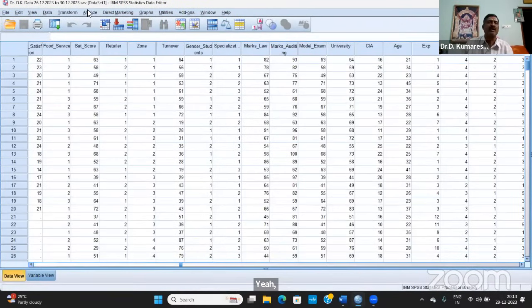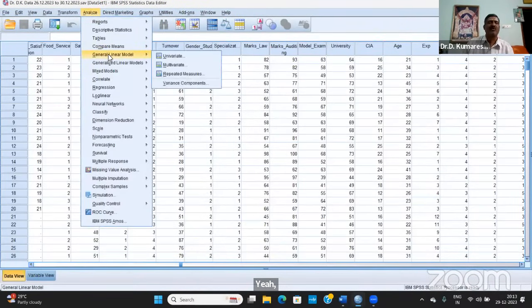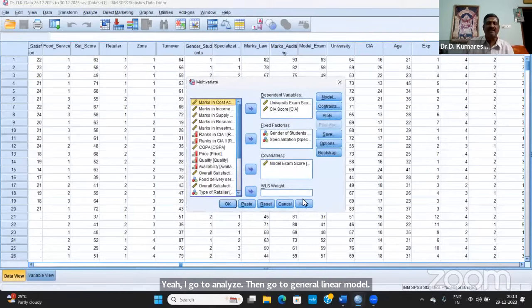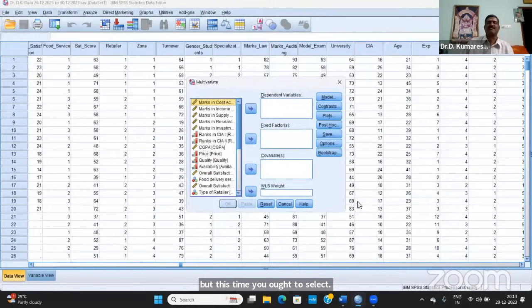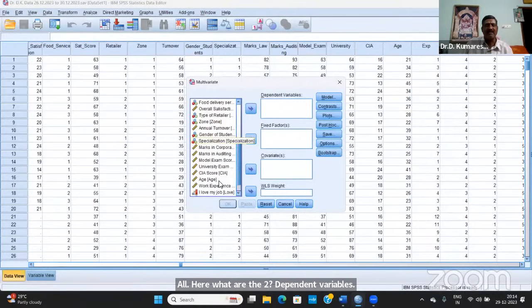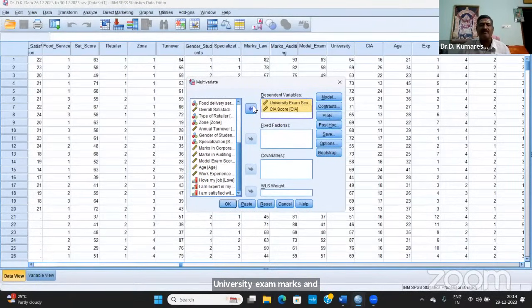Now go to analyze. Again, go to general linear model. But this time we have to select multivariate analysis. Okay. Here, what are the two dependent variables? University exam marks and CIA score. Then what are the independent variables?